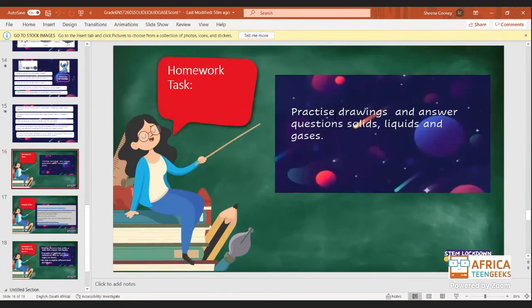So this is what we're going to do. We are going to practice drawings, and I've put some questions there about solids, liquids, and gases. And I've also put up an explanation, so you do have that explanation on there as well. Now, I know some of you said that you can't find it on the site. So I'm going to go and look to see if your homework sheets are up there yet, so that you can at least go and look at them.